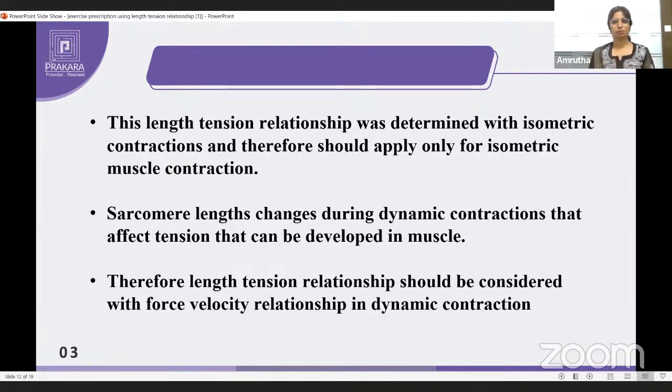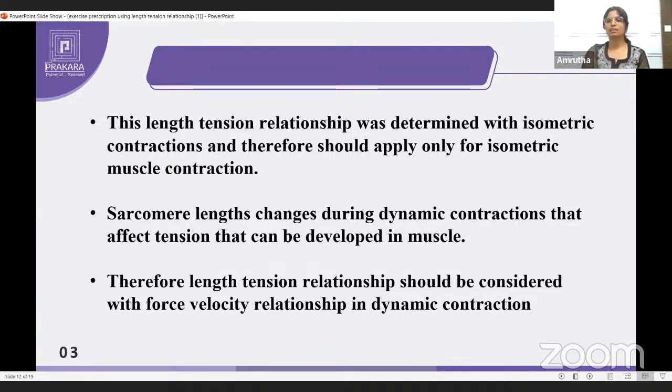Why am I telling this point? What is optimal length? Optimal length is nothing but a length just more than the resting length. This concept is for isometric contraction only. So imagine, forget about this muscle fiber and muscle thing.